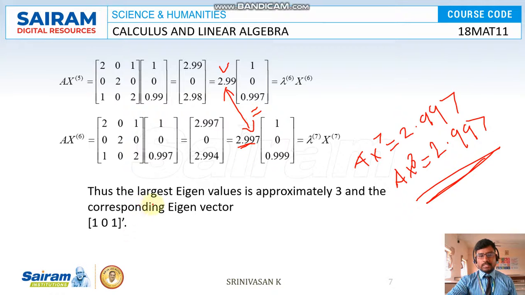Thus the largest value is approximately 3, and the corresponding eigenvector is 1, 0, 0.999, approximately 1, 0, 1. So this is the largest eigenvalue of the given matrix.